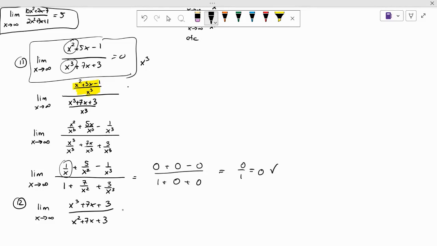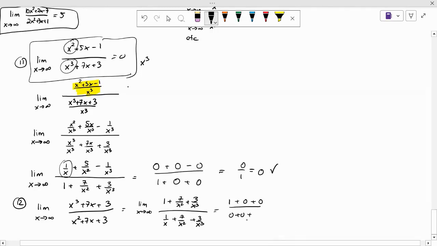Right. So you do the same thing here. It's a limit at infinity, but this time, let's just cut to the chase. I would divide everything by x cubed on top and bottom. So after we simplify and then we take the limit as x goes to infinity, we have our constant, and the rest of the terms go to 0.